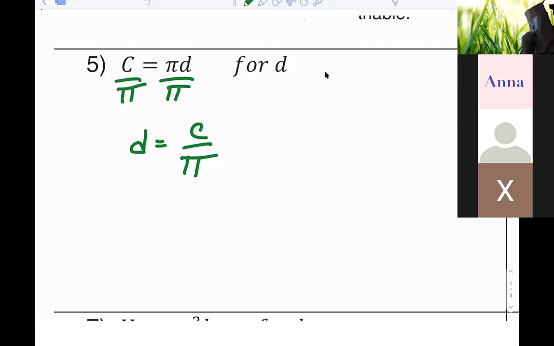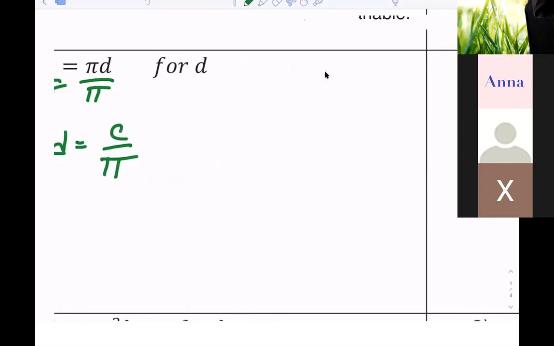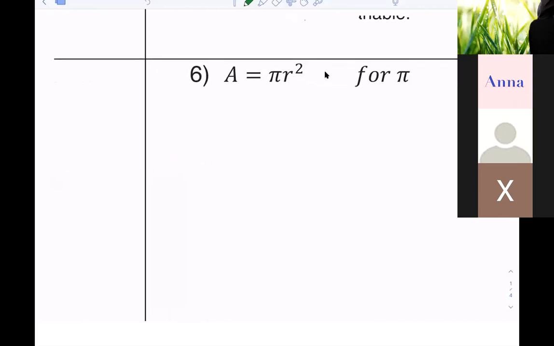All right, now everybody try to get number 6 before Anna tells me the answer. All right, sliding over to number 6. Try it. Put something on your iPad. Don't leave it blank. Something is written down. All right, Anna, go. You divide both sides by r to the second power.